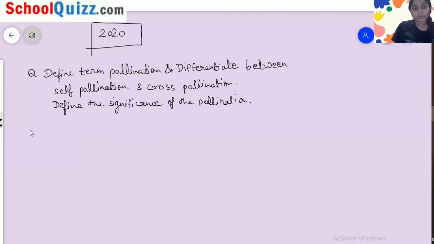In the answer sheet, you write the answer number, whatever the question number is. Let's suppose this is question number 3.